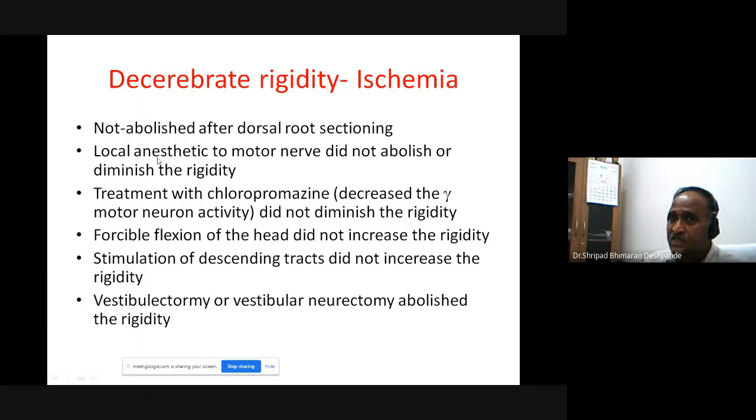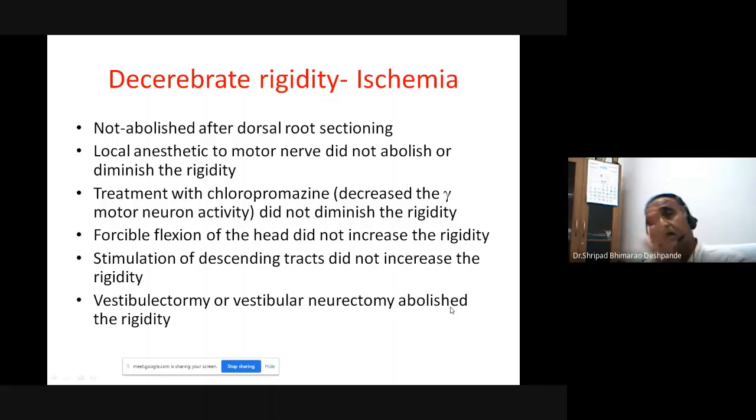Local anesthetics had no effect, so they did not diminish the rigidity. Chlorpromazine, which blocks gamma motor neuron activity, did not diminish the rigidity. Forcible flexion of the head did not increase the rigidity. Stimulation of the descending tracts did not increase the rigidity any further. However, vestibulectomy and vestibular neurectomy abolished it.